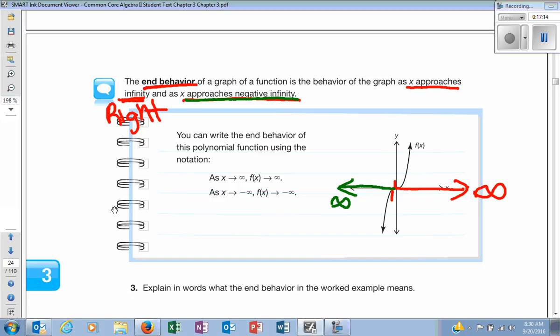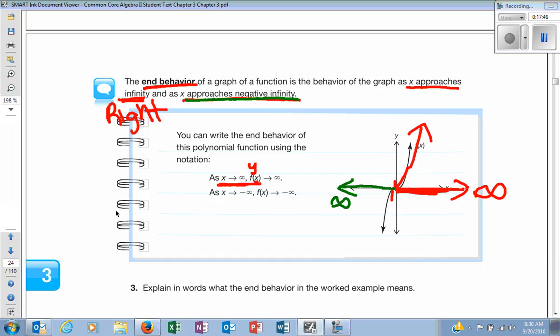So if you see this example right here, as x goes to positive infinity, I look at my graph over here. That would be my red. Let me actually underline that in red. Does everybody see I'm talking about the red part of the graph? So I'm talking about this section over here. What do I know about my y, which f of x really refers to? Where's it going? Do you see that this graph is going up forever?